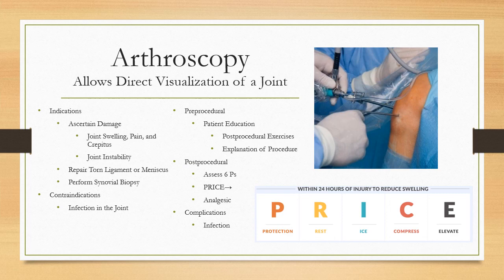One of those puncture sites will have a camera that they're able to visualize on a screen, and another will have an instrument where they're able to remove loose parts within the joint, such as torn and damaged ligaments or torn meniscus, if we're talking about the knee joint.